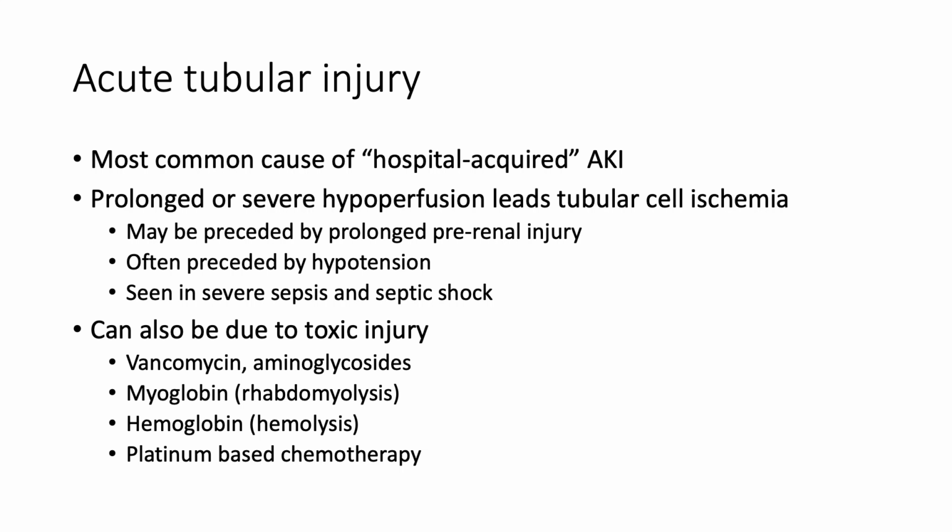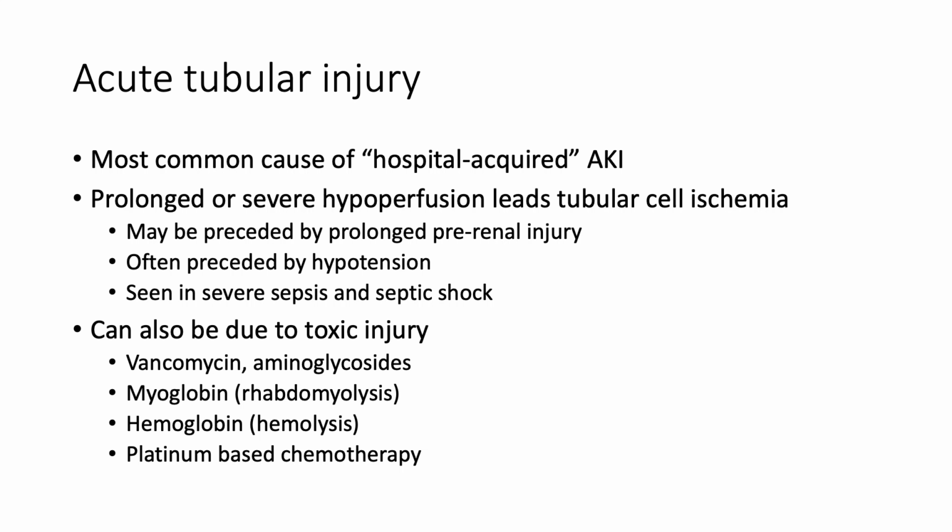You can also have direct toxic injuries to the tubular cells, so certain medications like vancomycin, aminoglycosides, and there's other antibiotics out there that can be directly toxic to the kidney tubules. And then interestingly, myoglobin, which is a heme pigment in the muscles.